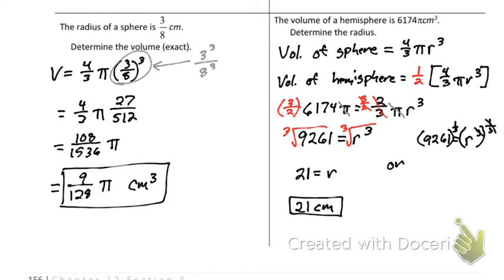Every one of your calculators has a caret, that little raised-to-a-power button, and you just have to raise 9,261 to the 1/3 power. If you type that in your calculator, you will get 21 also. Just like for a 4th root, I would raise it to a 1/4 power. It's a way to get around not knowing where your buttons are on your calculator.